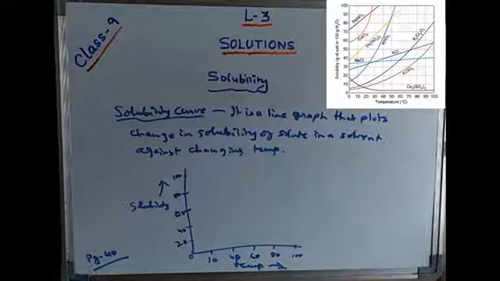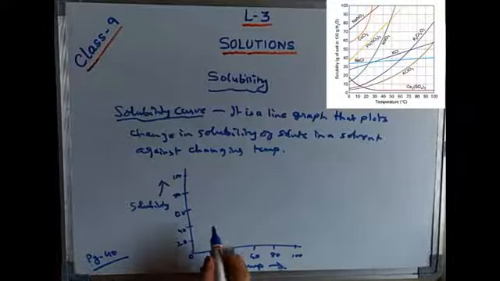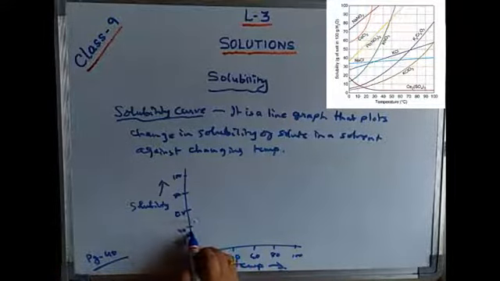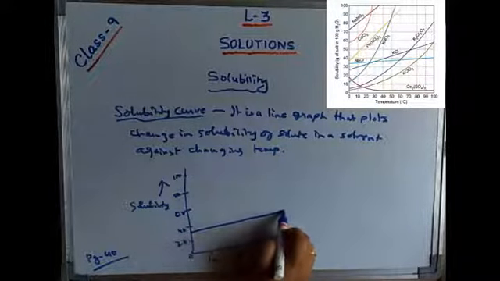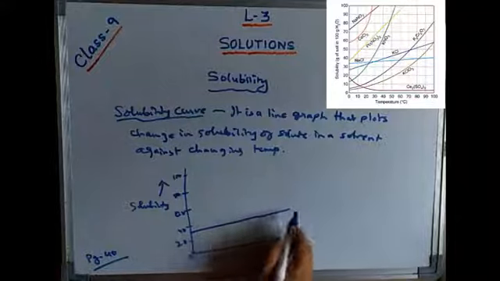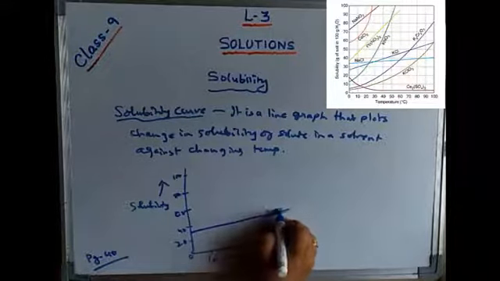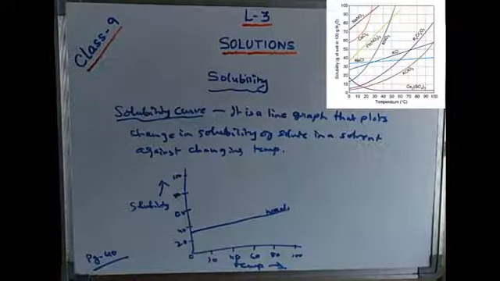But some solutes are there, like sodium chloride, which increases only a little with the rise of temperature. Suppose it is starting from here, sodium chloride will increase slightly, like this. NaCl is showing a very slight increase with the rise of temperature.